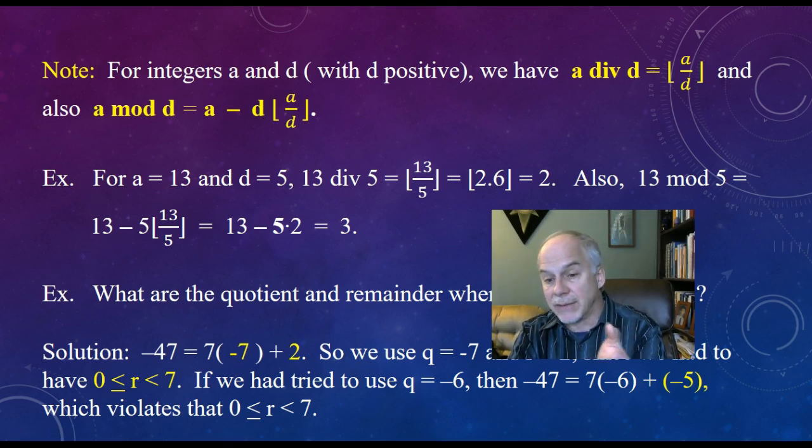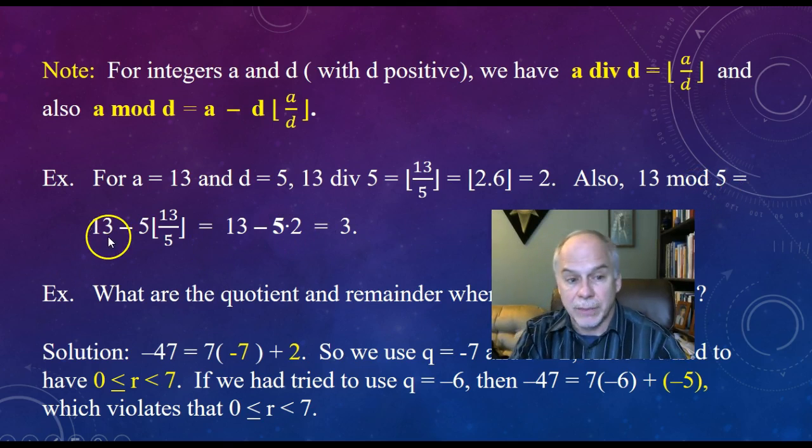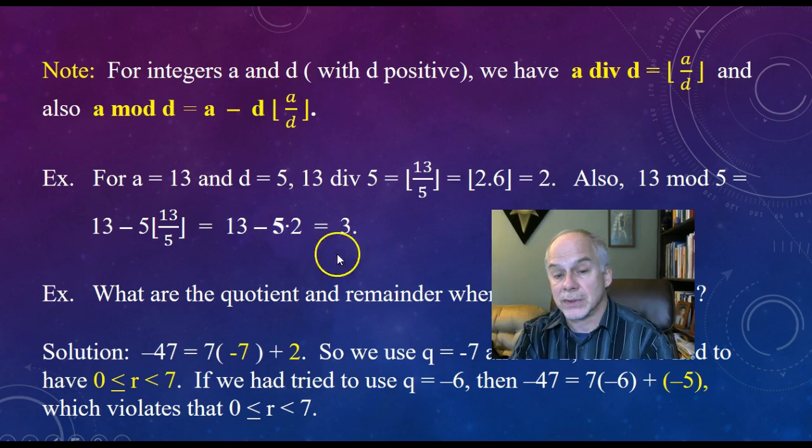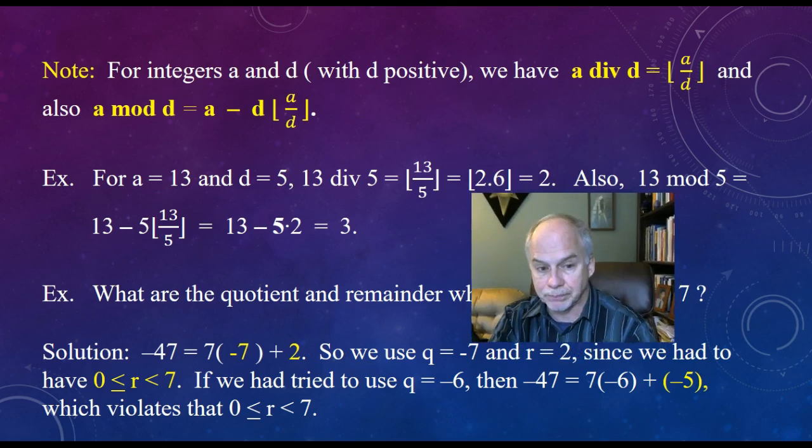That's because 5 goes into 13 2 times, of course, with a remainder of 3. And that's what the next thing figures out. 13 mod 5 is the remainder. So it'd be 13 minus 5 times 2, okay, because the floor function of 13/5 is 2. So 13 minus 5 times 2 is 13 minus 10, or 3. So the remainder is 3, as you knew.